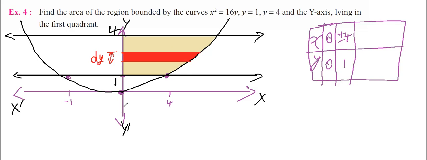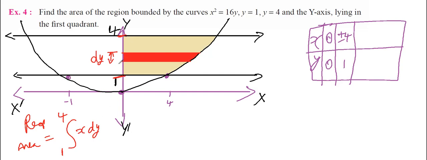So the required area will be the integration from 1 to 4. This is the lower limit, this is the upper limit, and you will add all these small rectangles. So what is the area of this rectangle? It is x into dy.